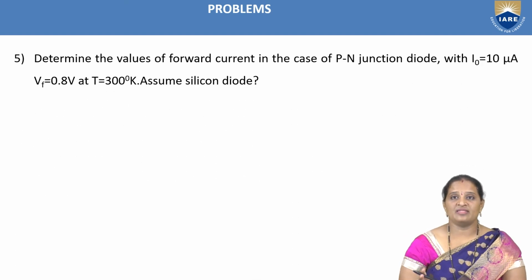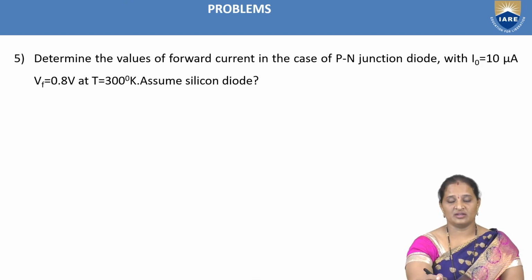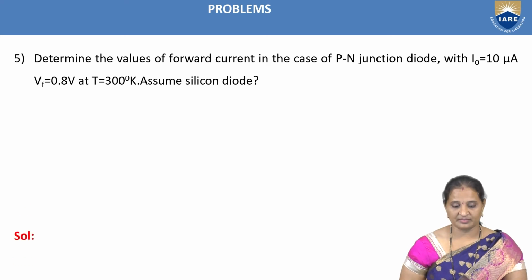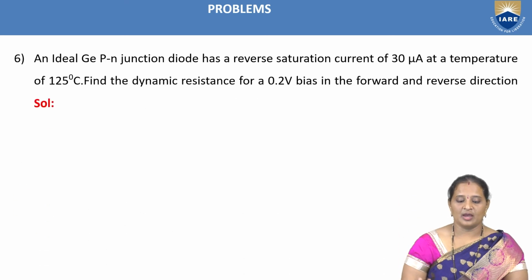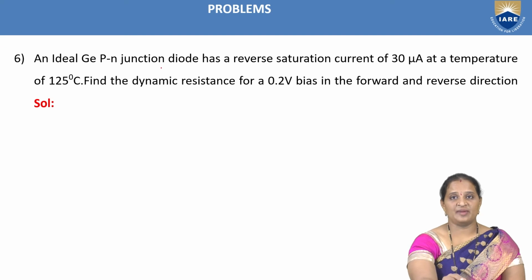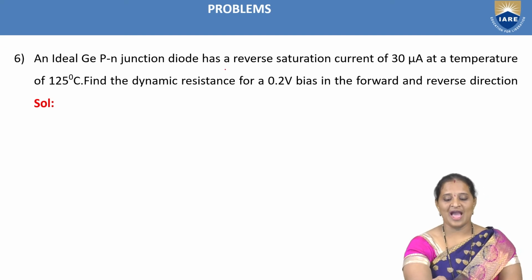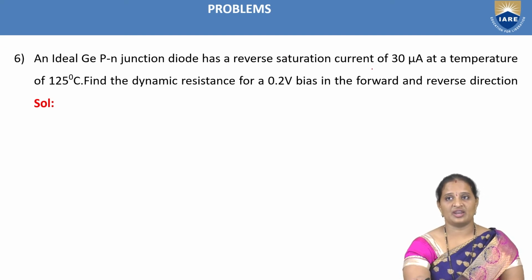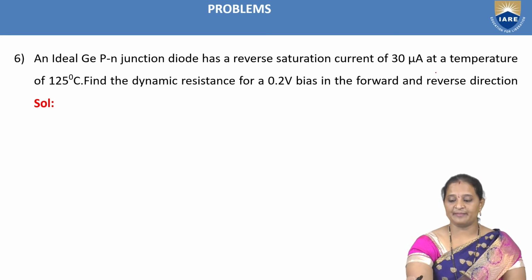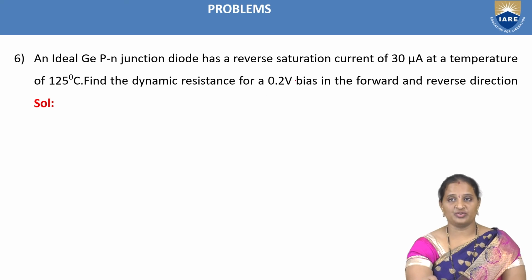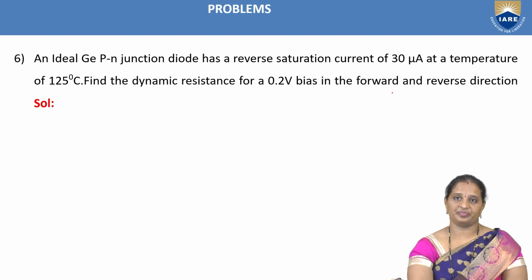Next, determine the value of forward current. Sorry, the same problem is repeated. An ideal germanium PN junction diode has a reverse saturation current of 30 microamperes at a temperature of 125 degrees centigrade. Find the dynamic resistance for 0.2 volts bias in the forward and reverse direction.